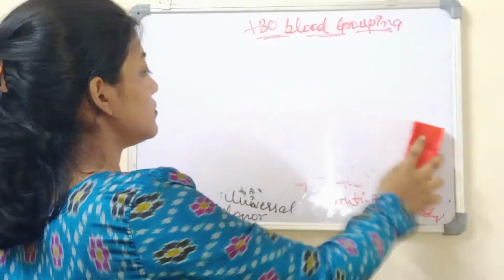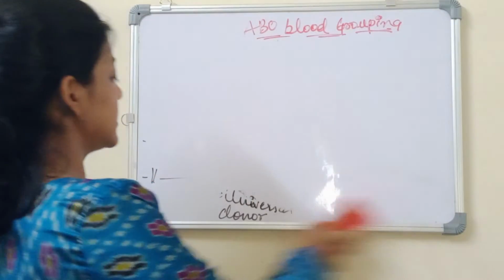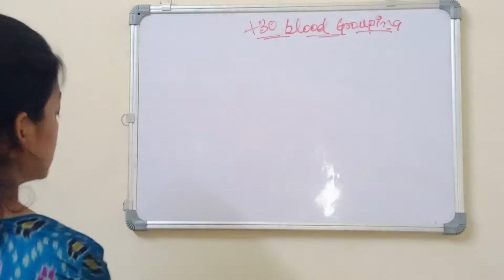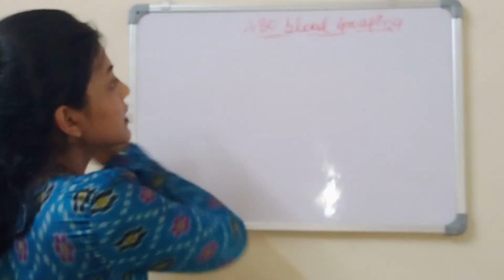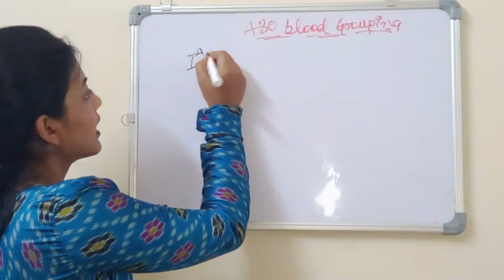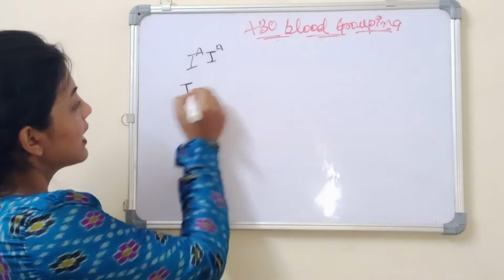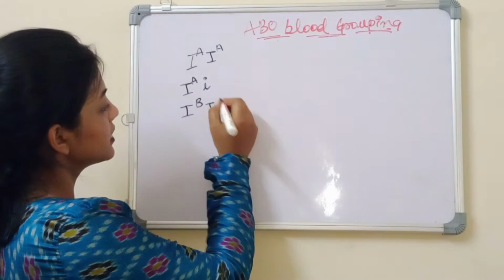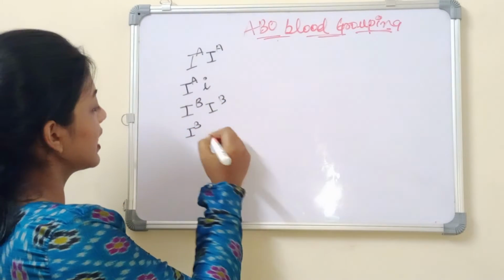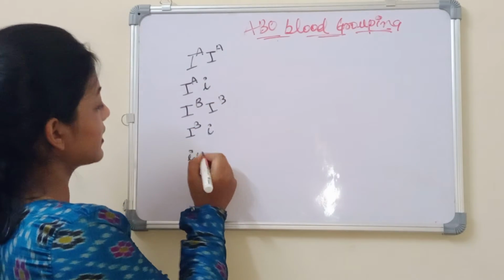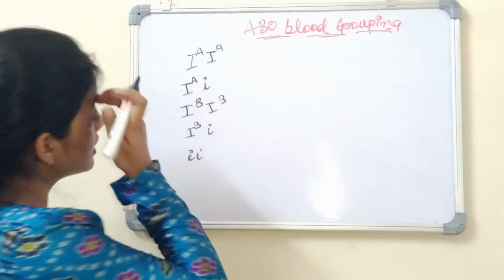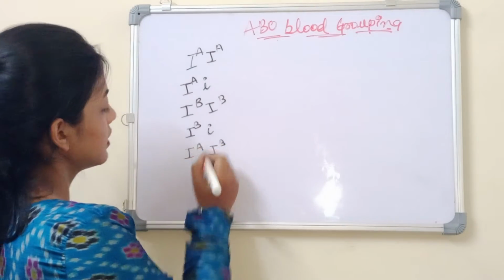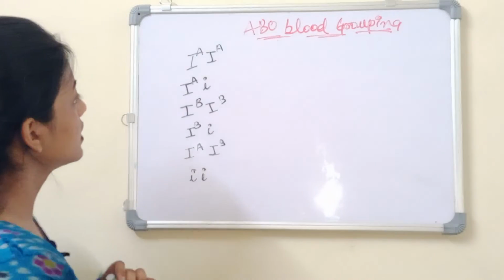Now let's see the possible genotypes and phenotypes, okay. It can be IA IA, it can be IB IB, it can be ii. Also it can be IA i, IB i and IA IB, okay.